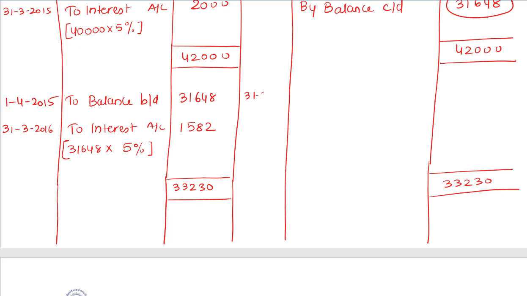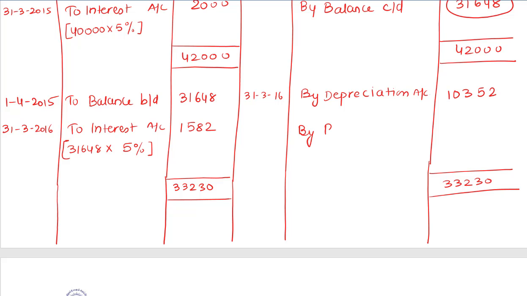On the closing date 31st of March 2016, by depreciation account 10,352. 33,230 minus 10,352 is the balancing figure.